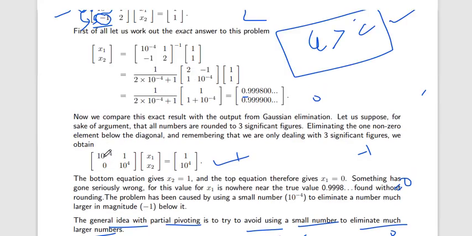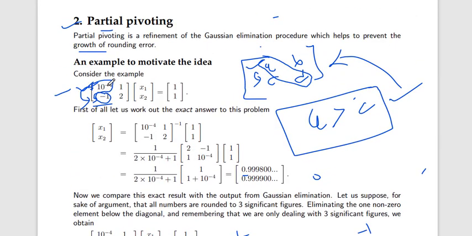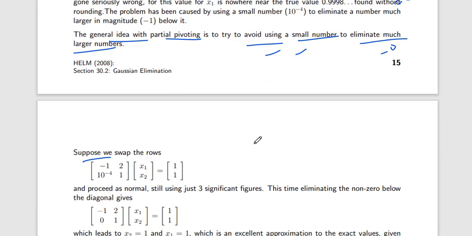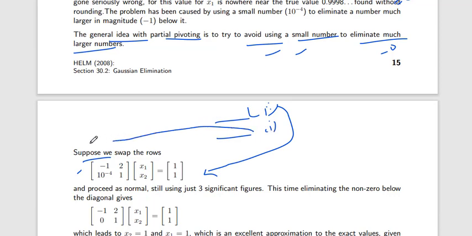Suppose we swap the row, the second row becomes the first row and the first becomes the second. This is a row operation, like the first equation and the second equation. If I write this as the second equation and this as the first, this will go to the second row and this will be put in the first row. This will not change the values of x1 and x2.